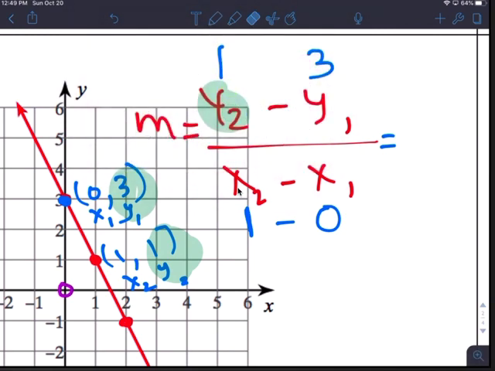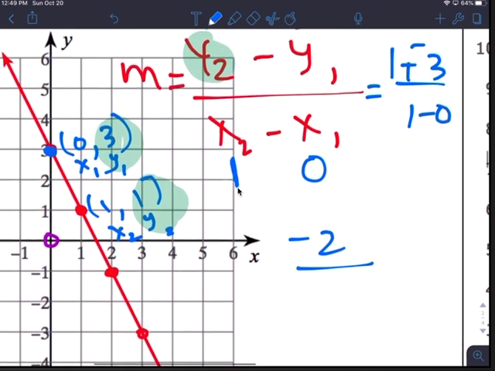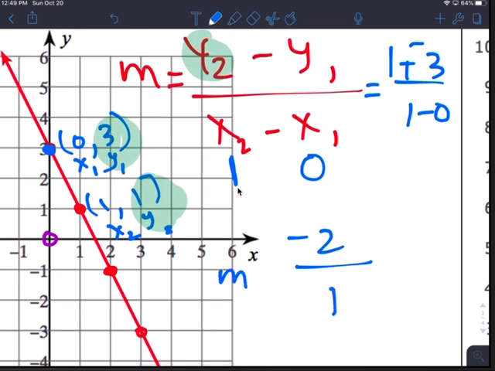Okay, this minus sign is there, so it's 1 minus 3 over 1 minus 0, which is negative 2 over 1, or just negative 2.